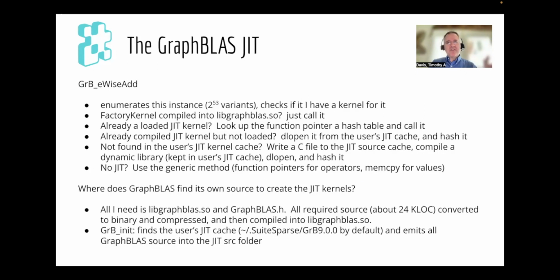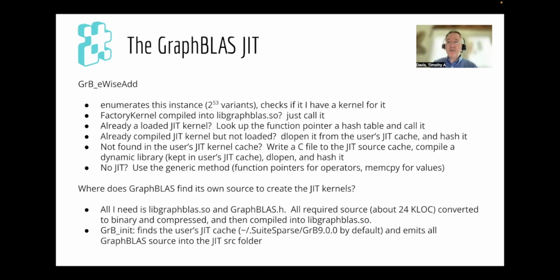So imagine you're now calling eWiseAdd from a user application. I have to first enumerate this instance of the call. There's one of, in this case, 2 to the 53 variants for the eWiseAdd. And I check to see if I have a kernel for it. Do I have a factory kernel already compiled in libgraphblas.so? What I had prior to the JIT? Fine, just call it. Oh, you've strayed outside that domain.